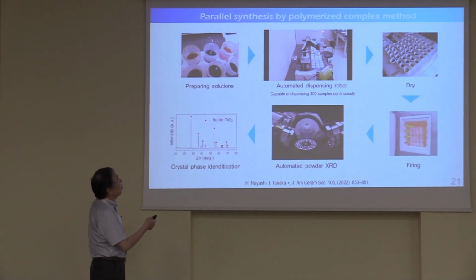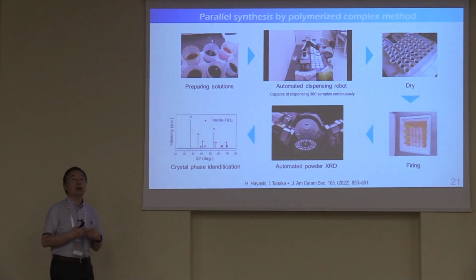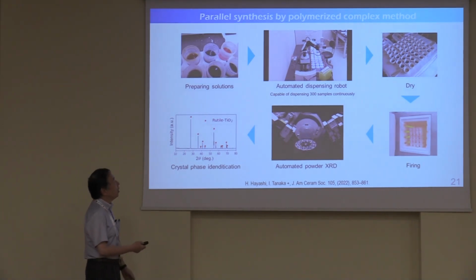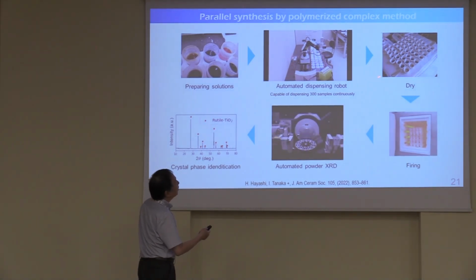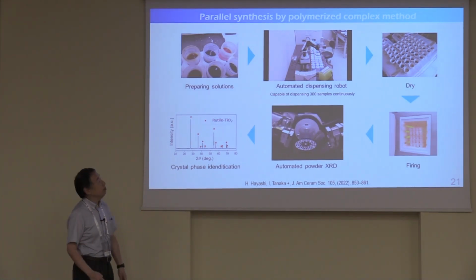And we use this type of robot to take 1 milliliter from here, 5 milliliters from here, and mix it in some of these places. But since we use high temperature synthesis for ceramic materials, we have to put all of them into these crucibles. But they are all done by robot.